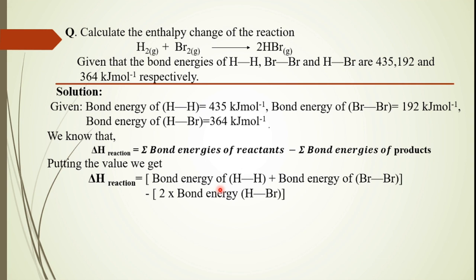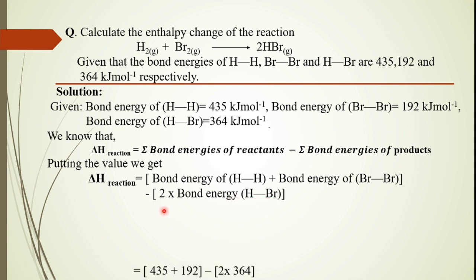In the reactants, there is one H-H bond, that is the bond energy of H-H bond plus, why plus? Because there is a summation, bond energy of Br-Br. The bracket is complete, minus. Now on the product side, there are two H-Br bonds. So 2 into bond energy of H-Br bond.